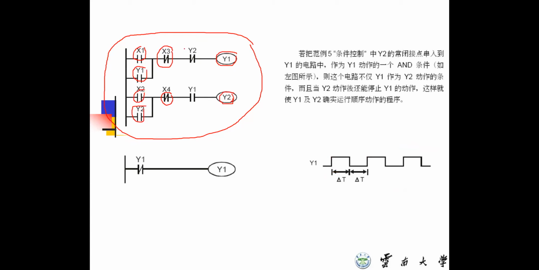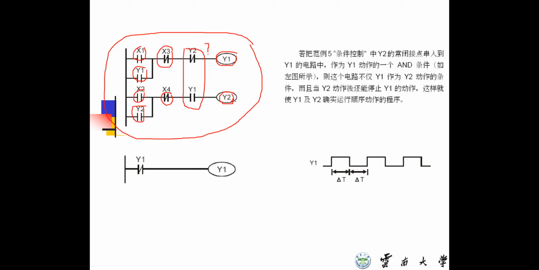Yes, it's interlock, but this is the other interlock. Maybe if we start Y1, then Y2 must stop.